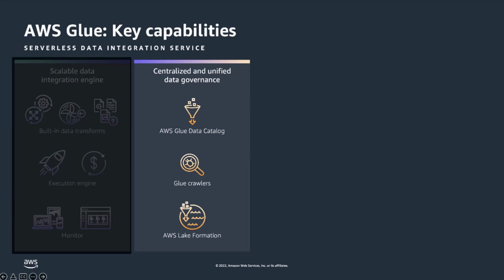We have a centralized and unified data governance strategy that centers around the Glue data catalog that we'll get to in a little while. We have Glue crawlers, which simplify the ability to get data into the catalog and to have all of your data represented therein. And we have fine-grained security and access control by AWS Lake Formation.